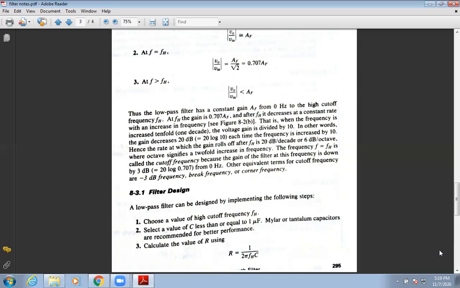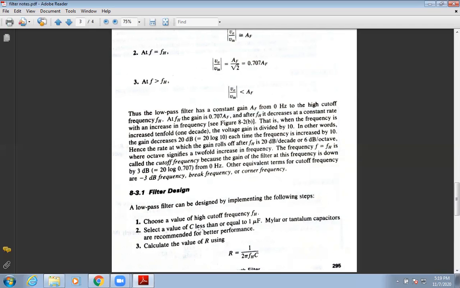Select a value of C less than or equal to 1 microfarad. Suppose we select 0.1 microfarad, it's valid. Mylar and tantalum capacitors are recommended for better performance.